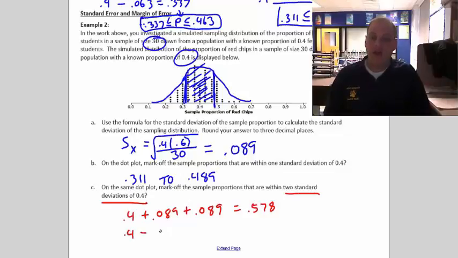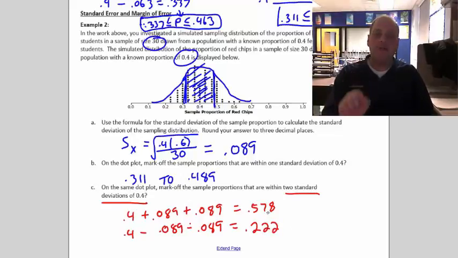And now we're going to subtract 2 times 0.089. And that gives me 0.222. So this is 2 standard deviations below the mean, and 0.578 is 2 standard deviations above the mean. So we're going to mark that now, 0.222 to 0.578, and I'm going to color that in.